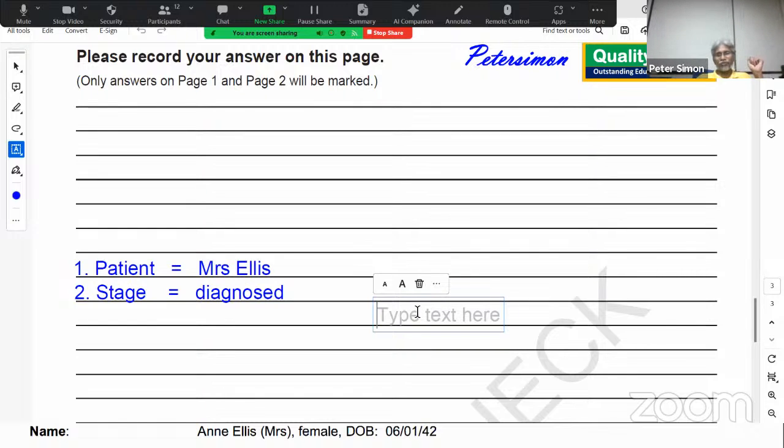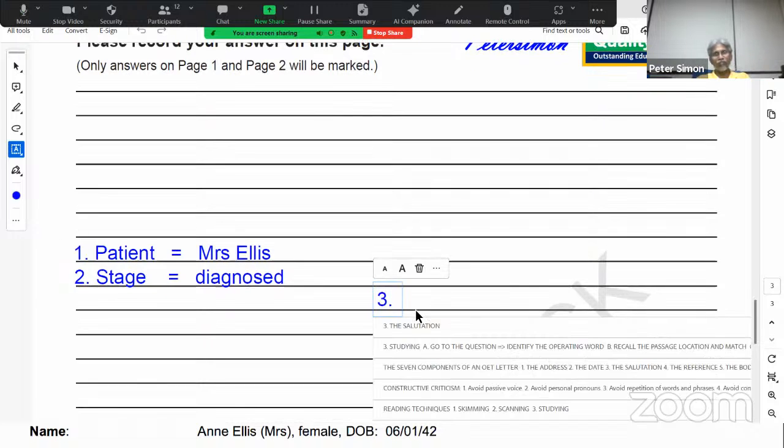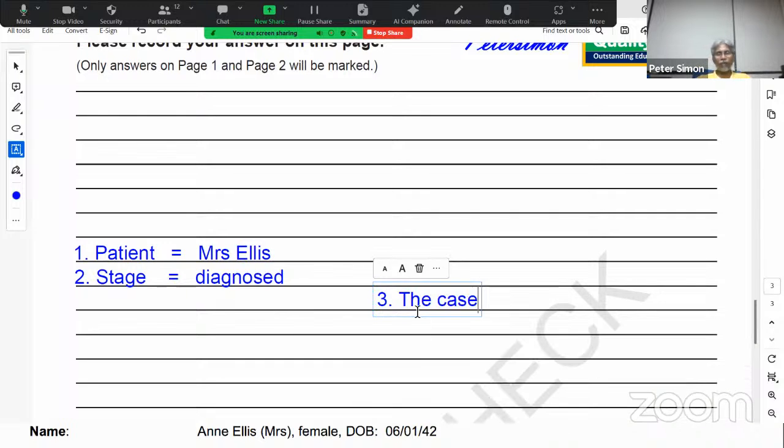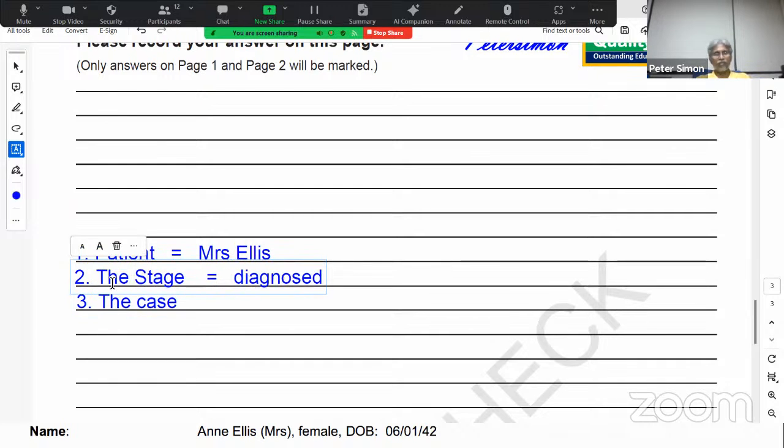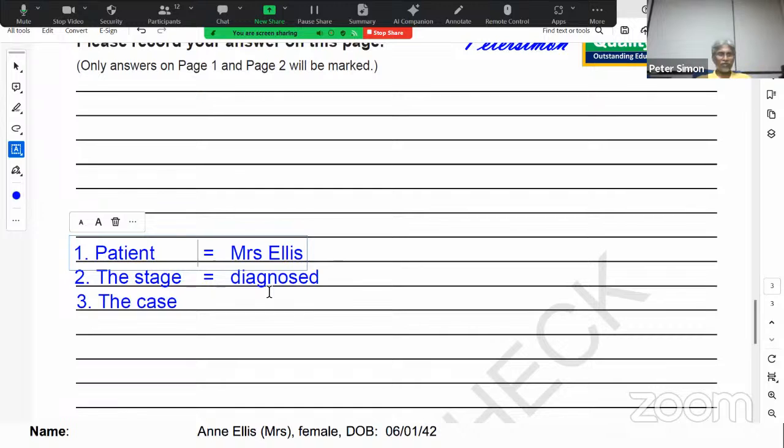What was diagnosed? That means number 3. The problem, the case we call it. Here it is the stage. Here it is the case.